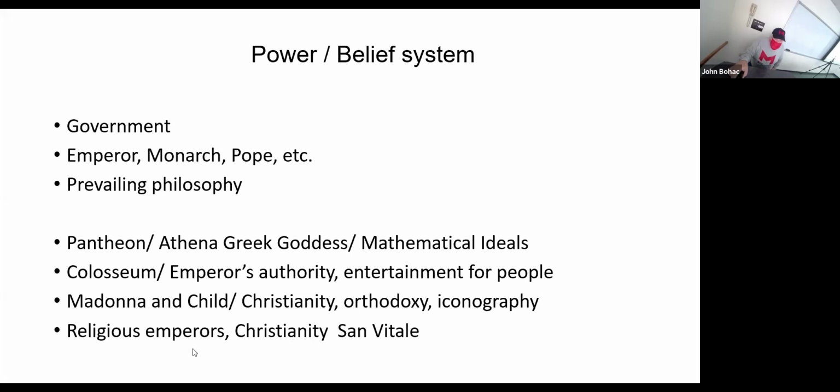He's a Roman emperor, and he's building places of worship all over the Roman Empire. And San Vitale, in Ravenna, has the mosaics of Justinian and Theodora. And so that's what I mean by the power system.